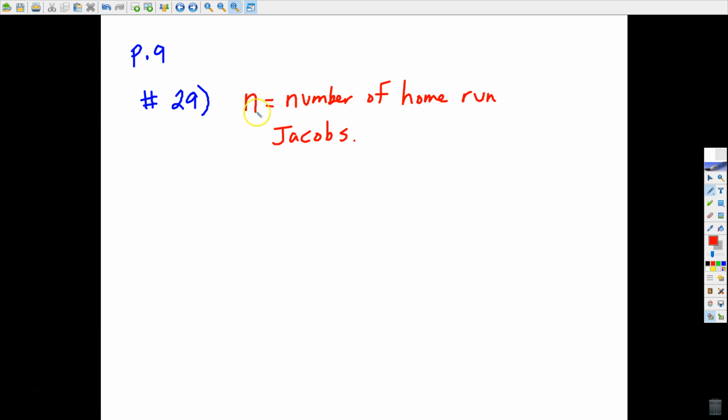So if I take Jacobs' number and increase it, addition, by 6, then I've got the number of home runs Cabrera hit. Okay, so Jacobs is n, and Cabrera will be n plus 6.